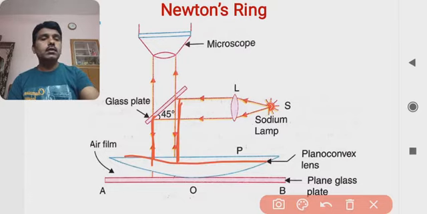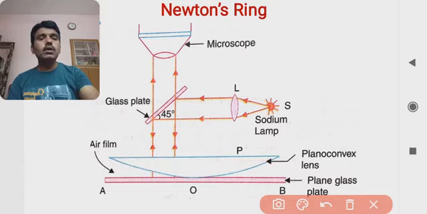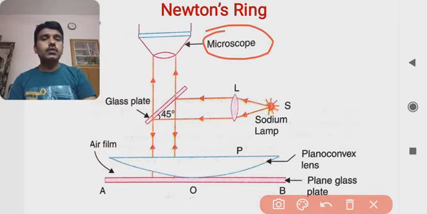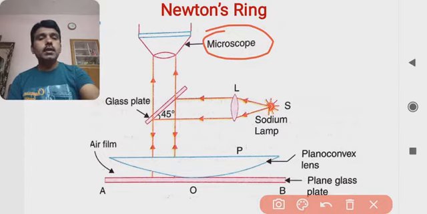These rays are incident downstage on the setup where the plano-convex lens is situated on the plain glass plate. In the same direction, a microscope is introduced to look at exactly what is happening. So the rays are coming downward.